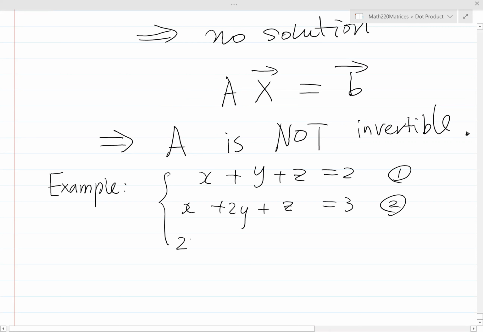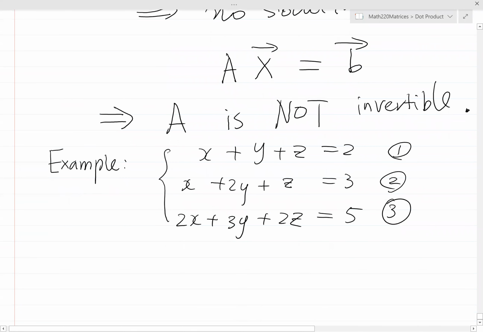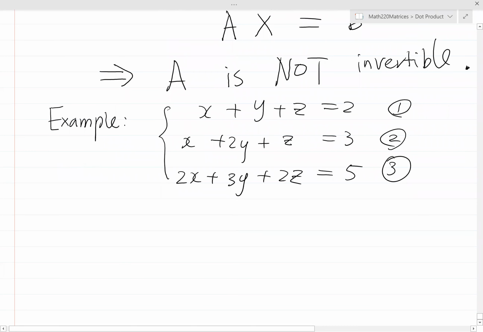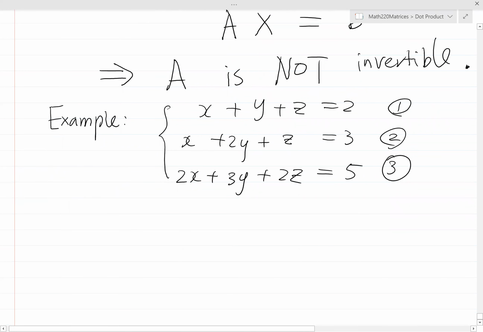Equation 3: 2x plus 3y plus 2z is 5. Now, we want to find the solution. How does the solution to this system look? No solution?